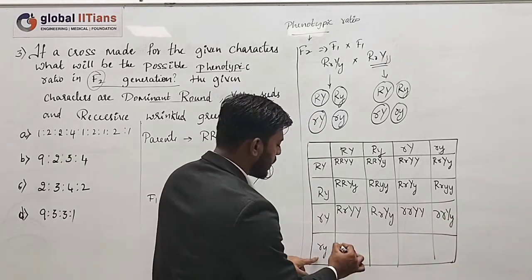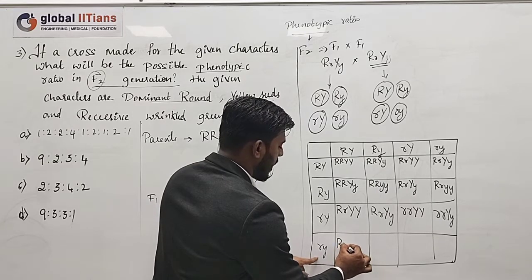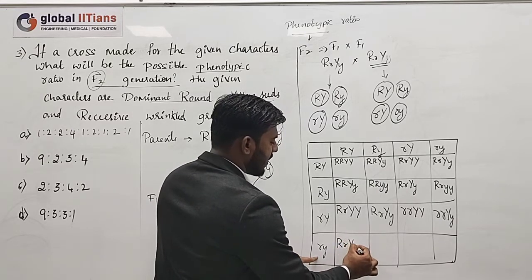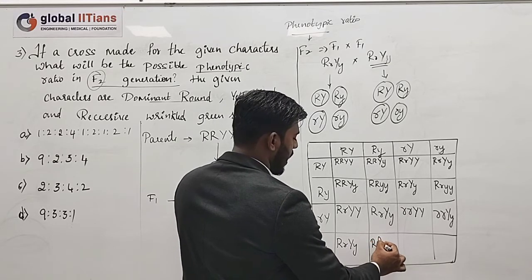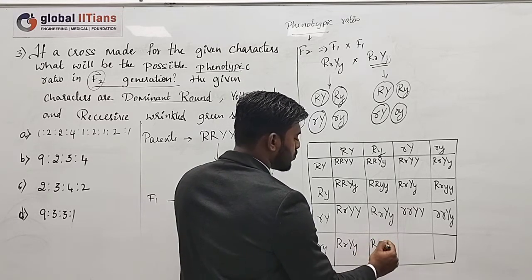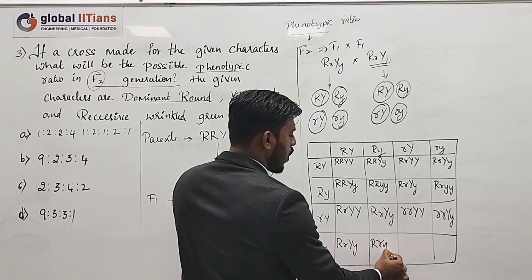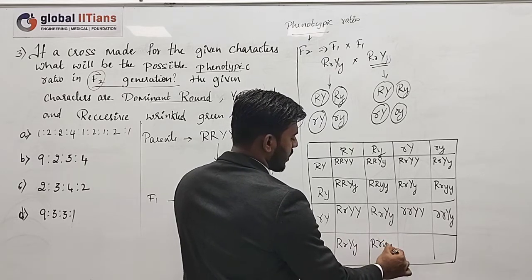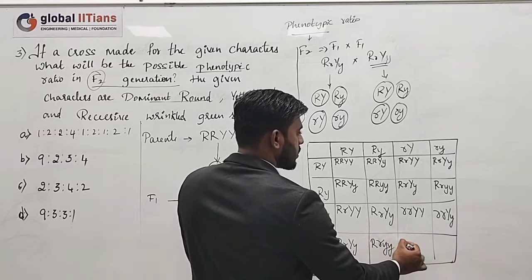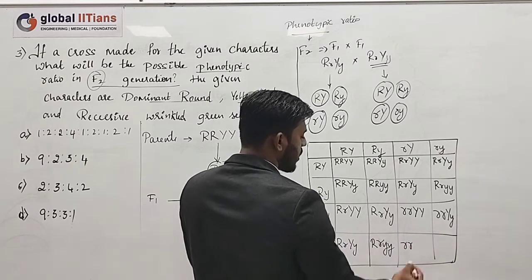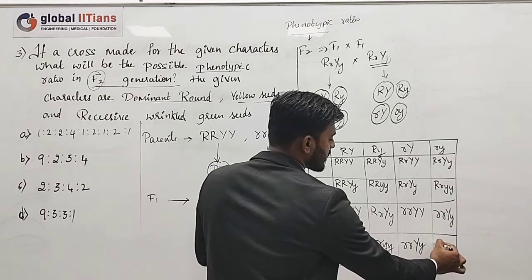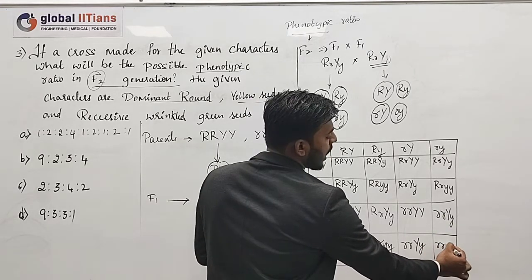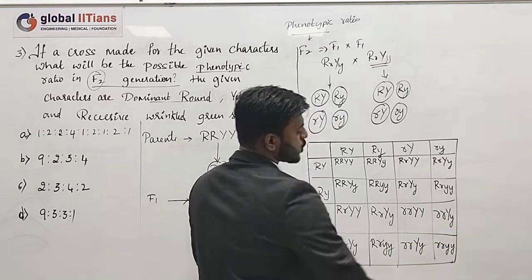And the last row: capital R, small r, capital Y, small y; capital R, small r, small y, small y; small r, small r, capital Y, small y; and at the last, small r, small r, small y, small y.